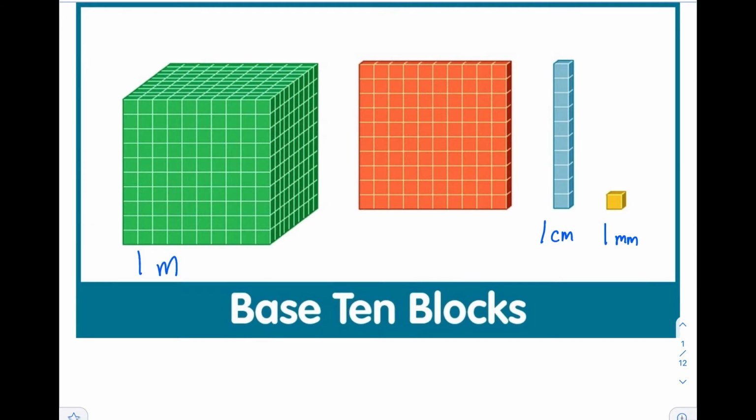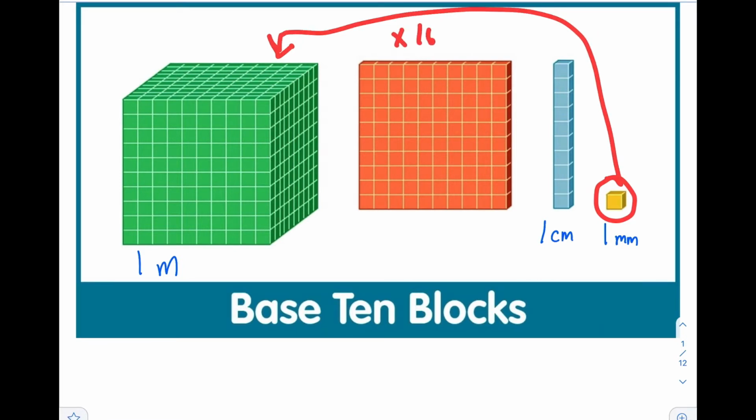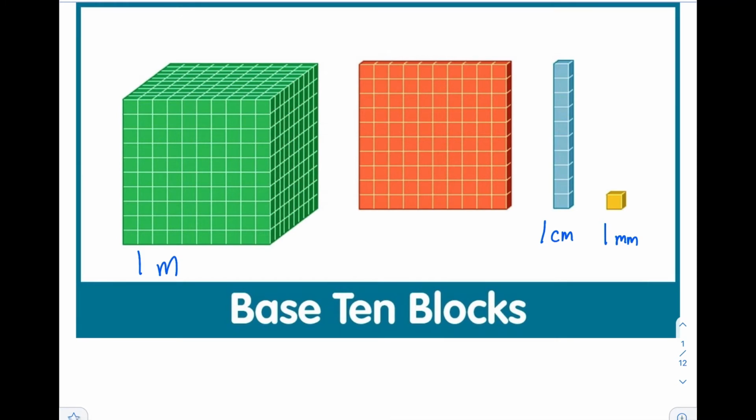In base 10 blocks, it takes 1,000 of these little ones blocks to make a thousands block. And so, in real life, it also takes 1,000 millimeters to make a meter.